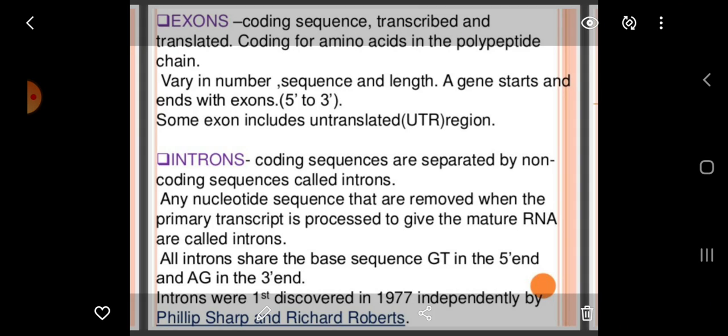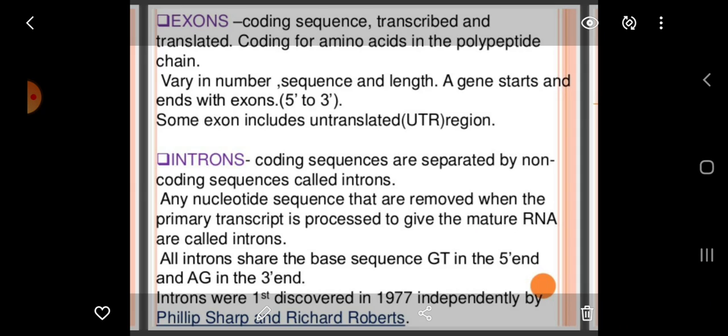Downstream sequences signal for addition of poly A tail. Now about the exons. Exons are actually the coding sequences transcribed and translated into proteins, coding for amino acids in the polypeptide chain. The exons vary in number, sequence, and length.